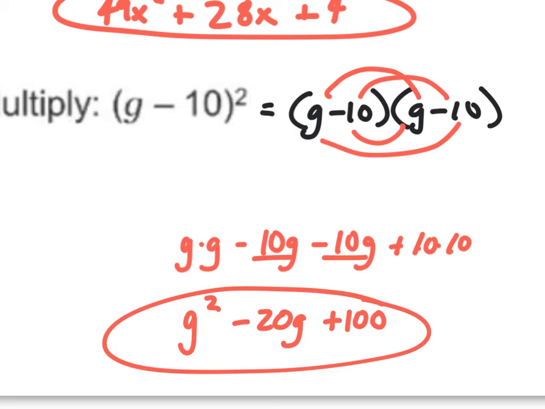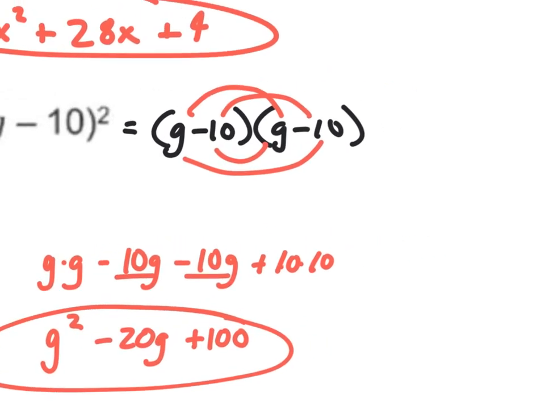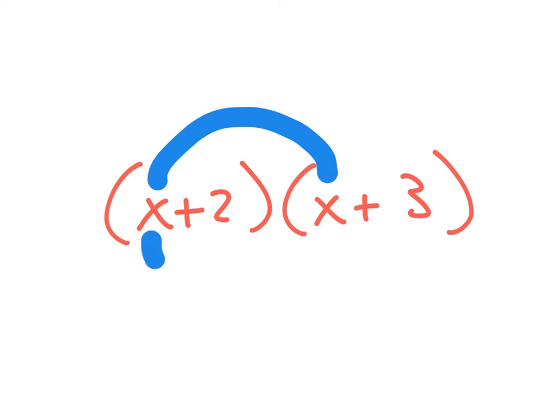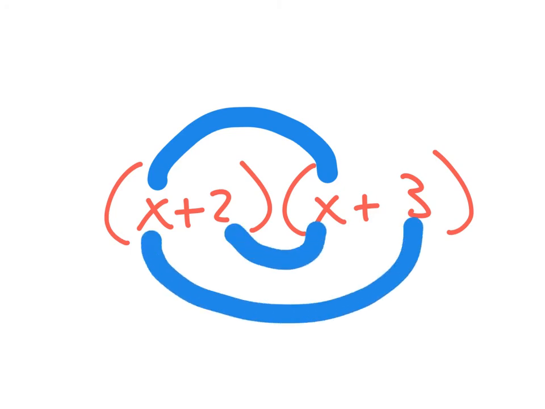Now, one thing if you're doing the FOIL right, and I'm going to do this down here, just watch. If I've got, say, x plus 2 times x plus 3, when you multiply these out and do your FOIL, multiplying your first terms, your outside terms, your inside terms, and your last terms, you end up getting what's called Monkeyface, okay?